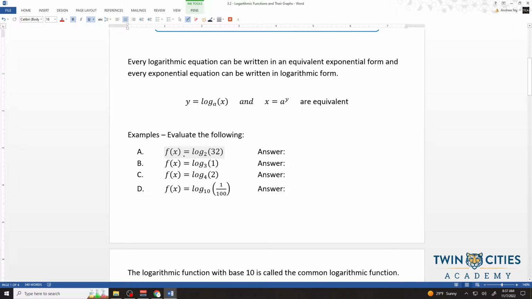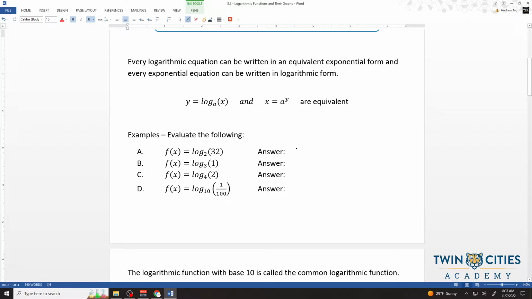Okay, so I've got y equals log base a of x and x equals a to the y. These two are equivalent. So then if this f of x, which is just fancy for y, is equal to log base 2 of 32, then I can change this to say the base of this logarithm is going to be the base of this exponential equation here.